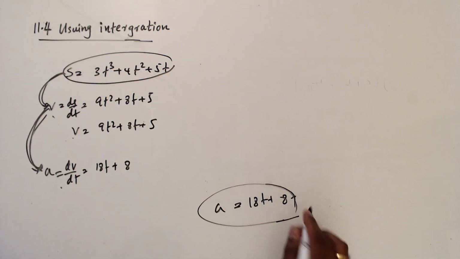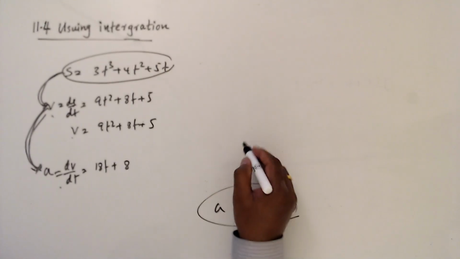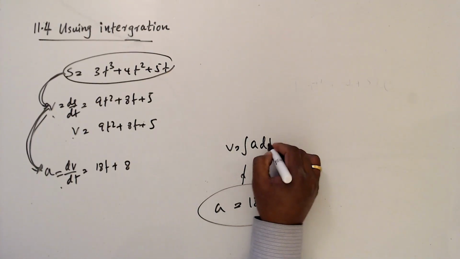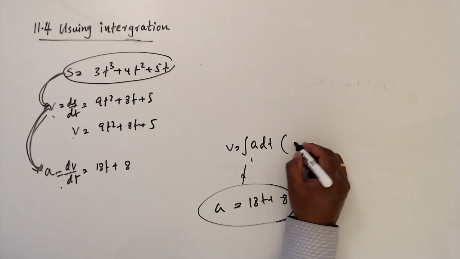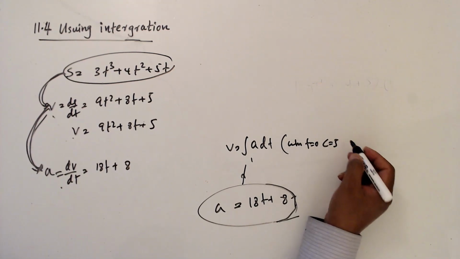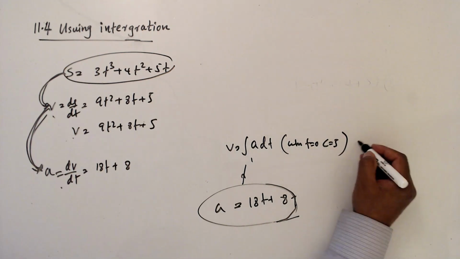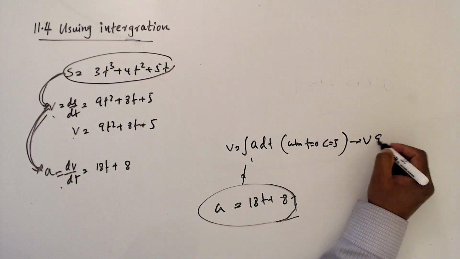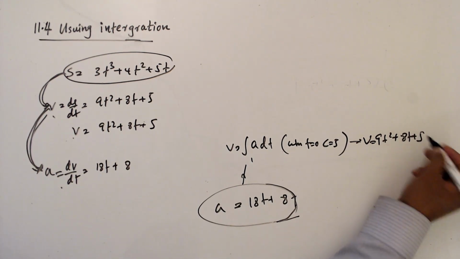Basically, if I revise, when we have the acceleration, we integrate to get v equals the integral of a dt, and the initial condition we have to give: when t equals 0, c equals 5. Then I will get v equals 9t square plus 8t plus 5.